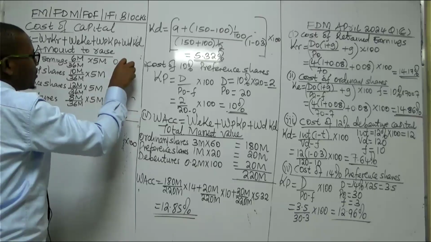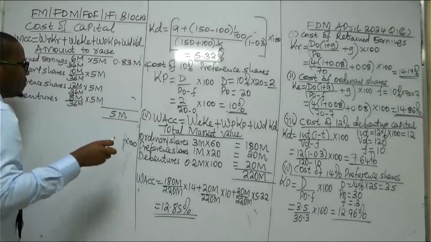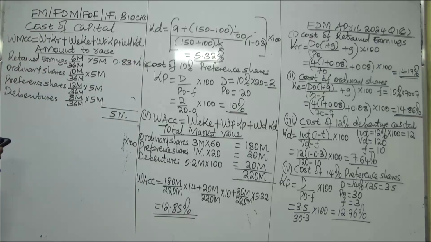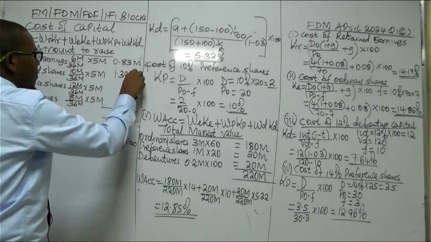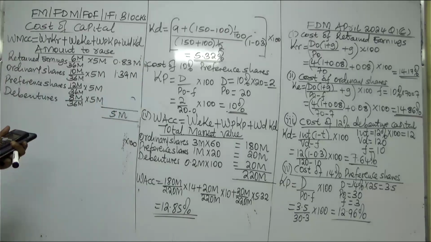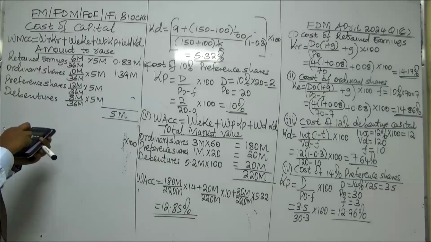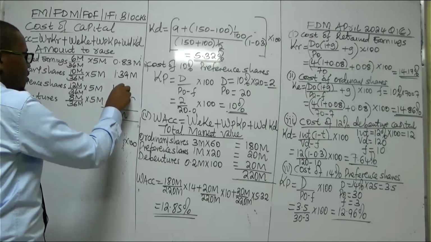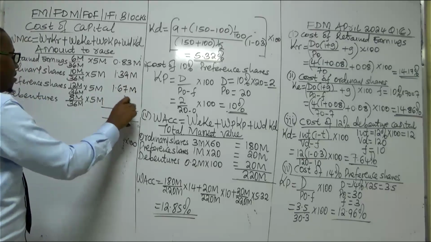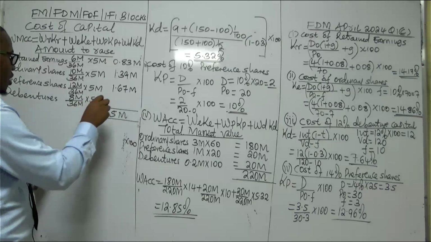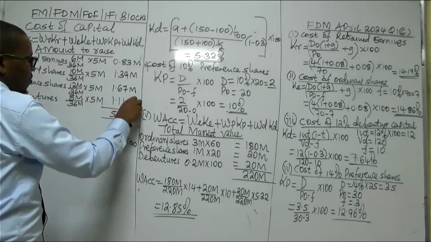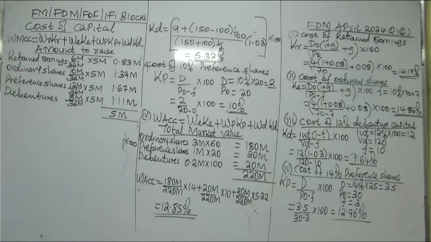This will be 0.83 million. That one is 10 over 36, multiply by 5. This is 1.39 million. That one is 12 over 36, you multiply by that. This is 1.67 million. The last one is 8 over 36. This is 1.1 million. Therefore, with that, we can get the WMCC.